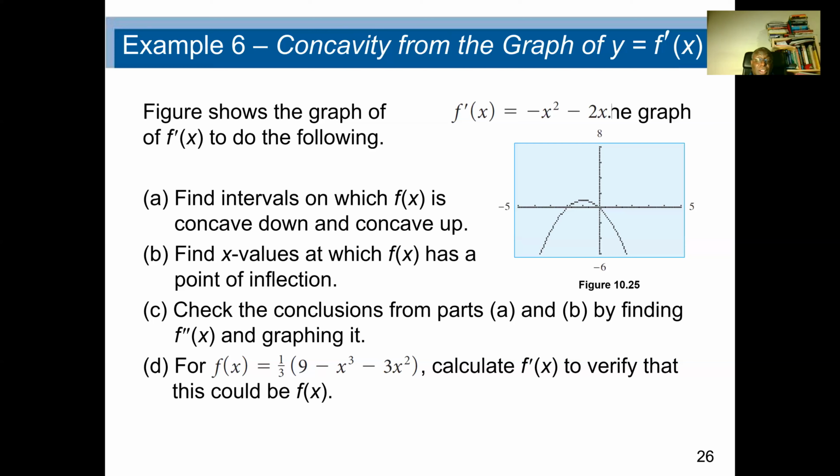Then find the x value at which f at x is a point of inflection. So first we should find the intervals on which f at x is concave down or concave up. Then we find x values at which f at x has a point of inflection. Then we check the conclusions from A and B by finding the second derivative and graphing it.